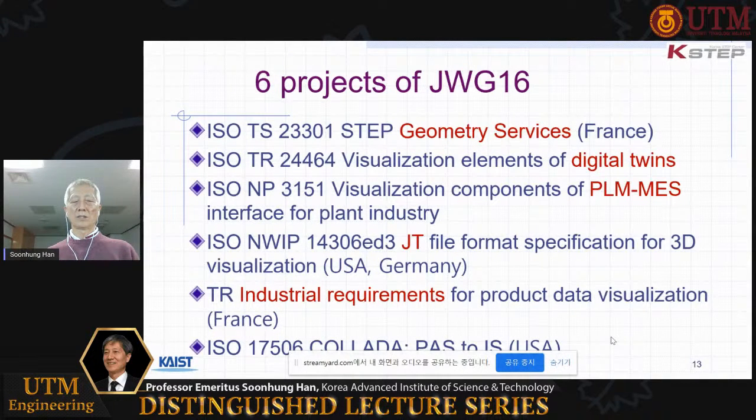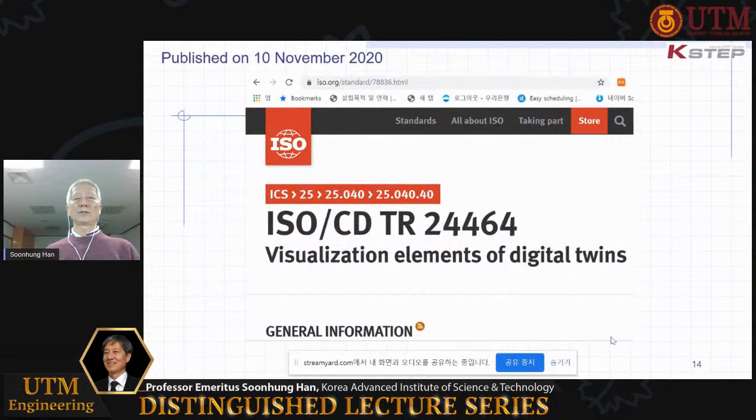The other one is industrial requirement. They are collecting industry requirements for visualization in this technical committee. And the final one is Collada. Collada is another standard coming from the Khronos Group. The one about digital twin that I'm working on was just published this month.